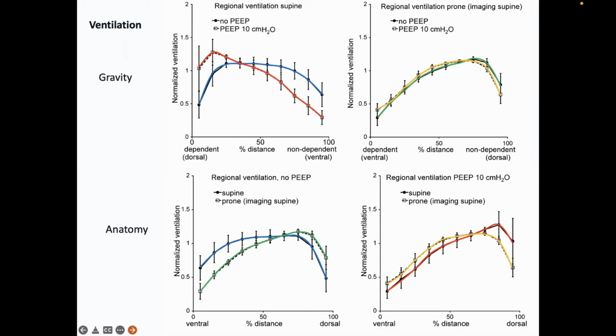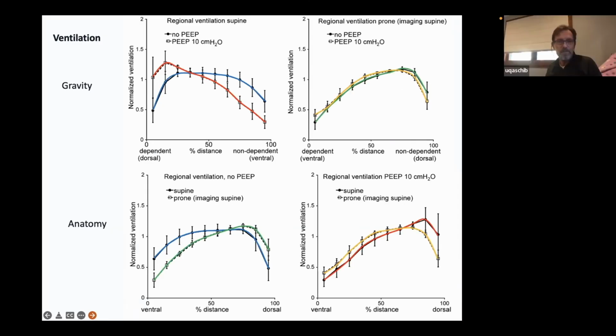Now, that's the gravity aspect of it, okay? Now we can do several permutations of the same. I just want to highlight, it doesn't really matter if we image someone in supine or in prone position. If you look at the left lower graph and the upper right graph, and just look at the green curve, they're similar, aren't they?